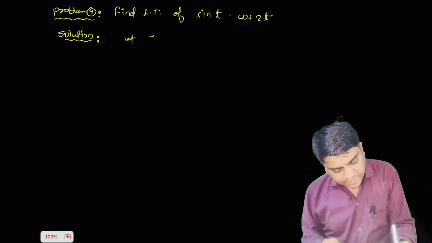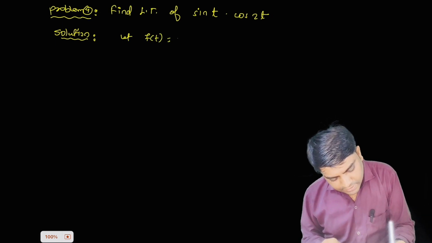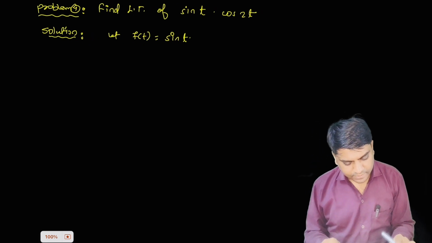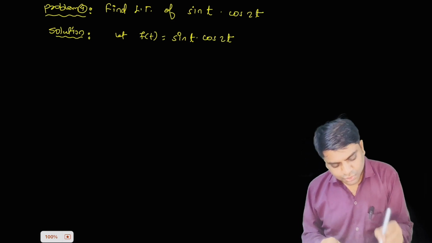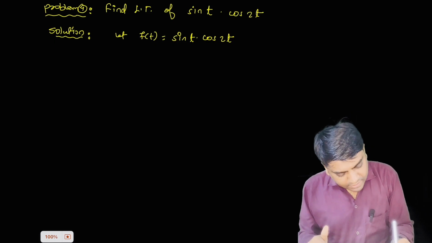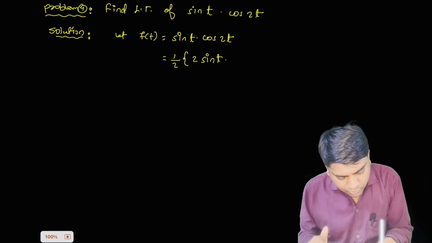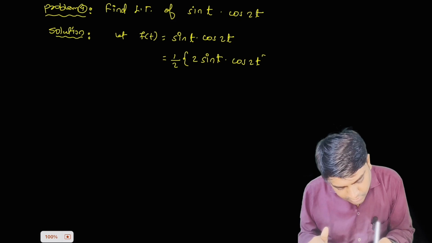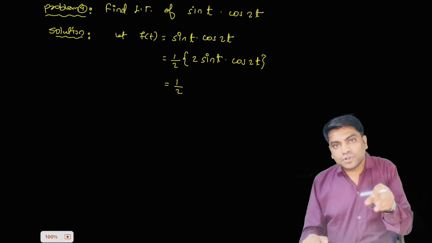let us define it as f of t. This is our function, so sin t into cos 2t. Okay, now here I'll multiply by 2 and divide by 2, so I'll get 1 upon 2 into 2 sin t into cos 2t. Now here 1 by 2 into 2 sin a cos b.